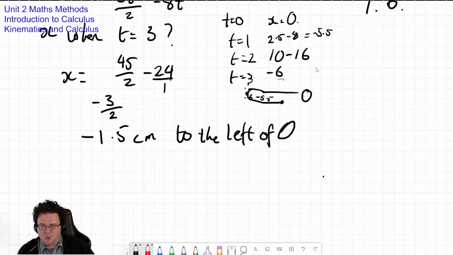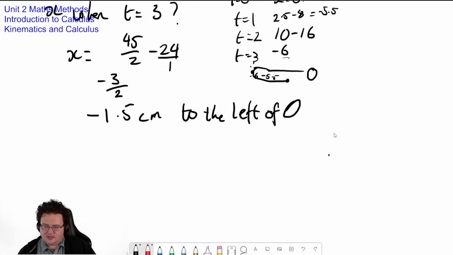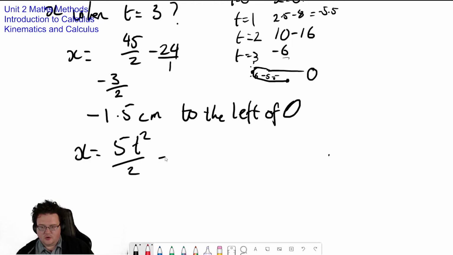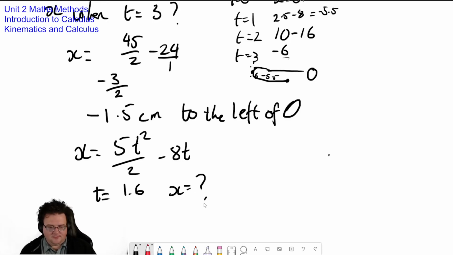So what we can do is go, well, okay, at t equals 1.6, what was its position? So we have our position equation here: 5t squared over 2 minus 8t at t equals 1.6, x equals question mark. All right, so we can bring up Mr. Calculator for this.